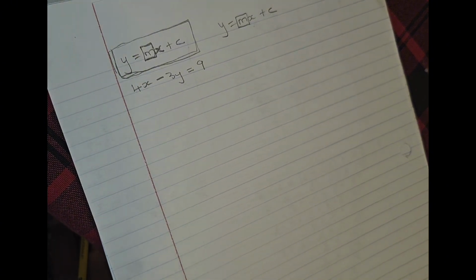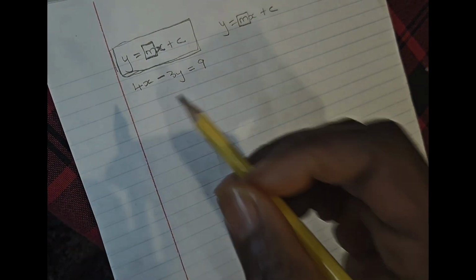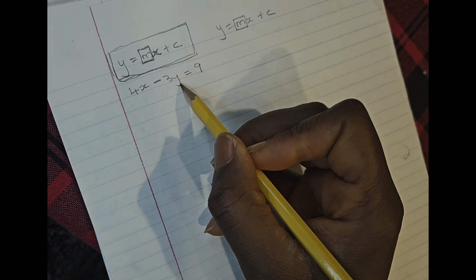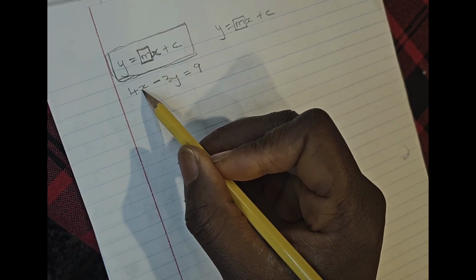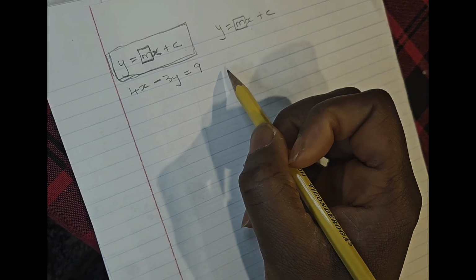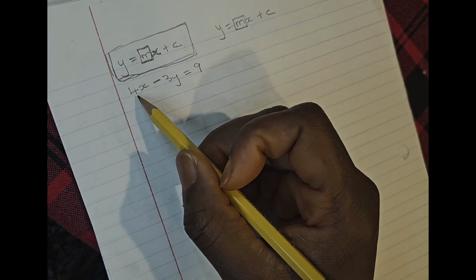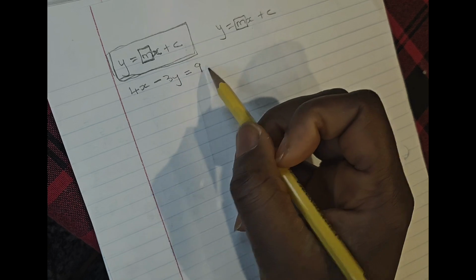So we have to think, what do we have to do? First, we have to make the 3y stand alone, meaning we have to remove 4x from this side of the equation and take it to the other side. We can subtract 4x from both sides.